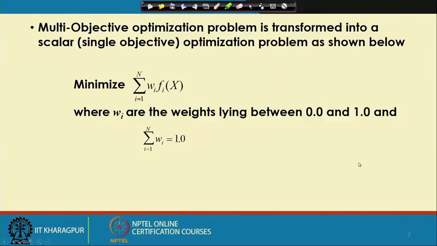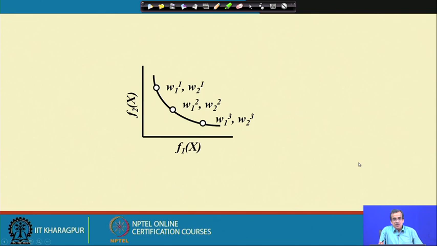Now, what I am going to do is, I am not going to follow this Lagrange multiplier here. Instead, I can convert it into a single objective, and by setting proper values for this W_1 and W_2, if it is a 2 objective problem, I can find out the Pareto optimal front of solutions.